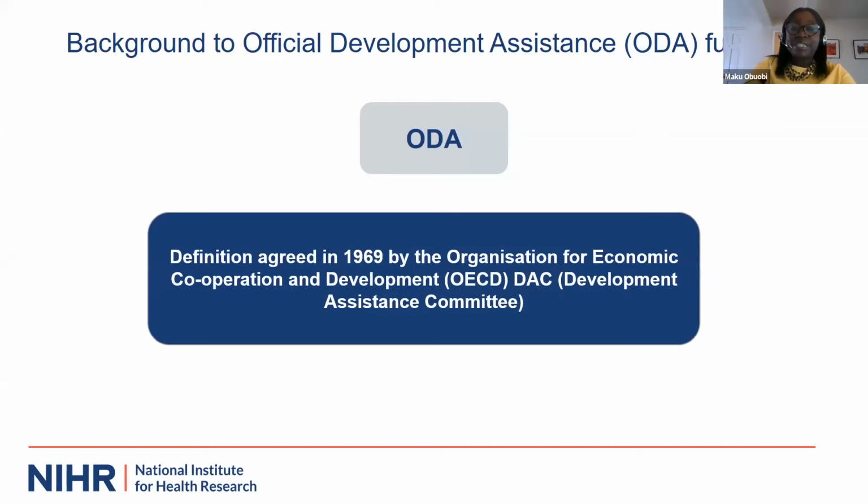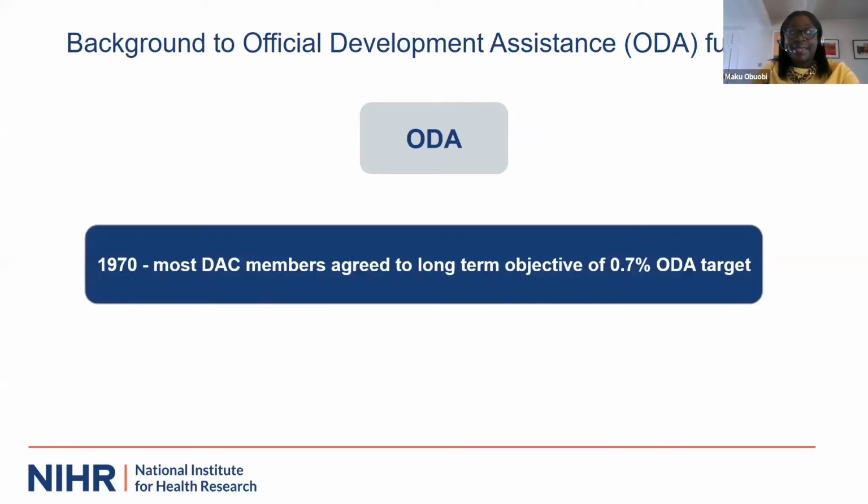The definition was agreed in 1969 by the Development Assistance Committee of the Organisation for Economic Cooperation and Development, or the OECD. In 1970, most DAC members agreed to a long-term objective of contributing 0.7% of national income towards their ODA budgets.